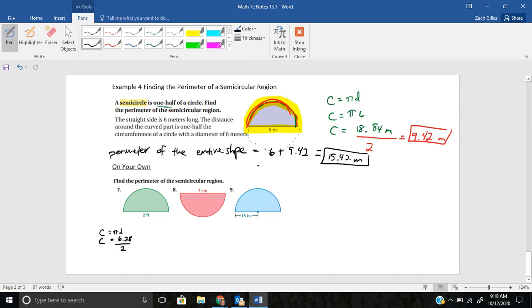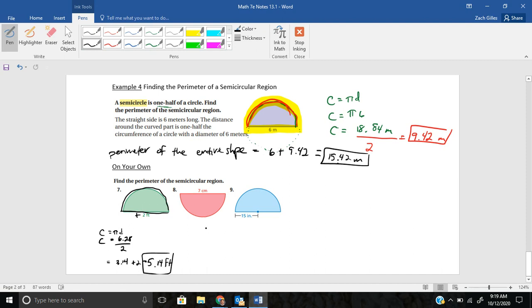We'd get, well, just the same 3.14 for this distance. Okay, the perimeter of the whole thing, then we'd have to add this 2 feet to give us 5.14 feet for the perimeter of this entire shape.